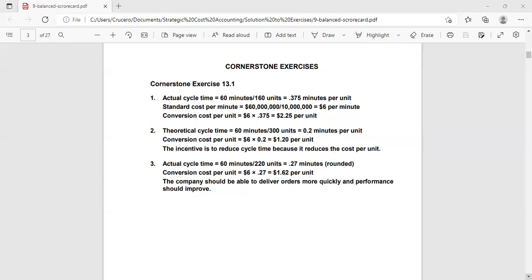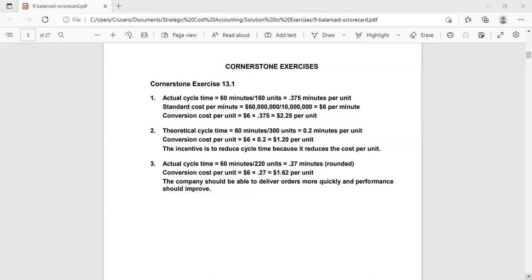The incentive is to reduce cycle time because it reduces the cost per unit. So you have to reduce the cycle time.